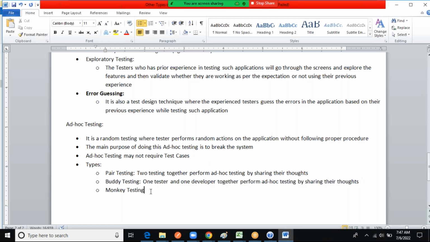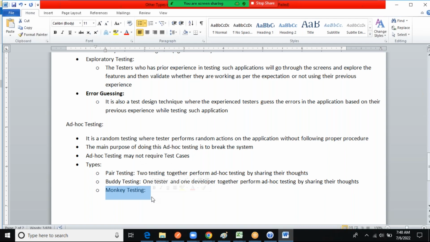Buddy testing. Okay, so monkey testing, you alone, it's not like two people or three people. It can be followed in pair testing, or in buddy testing, or if you are alone doing random testing.